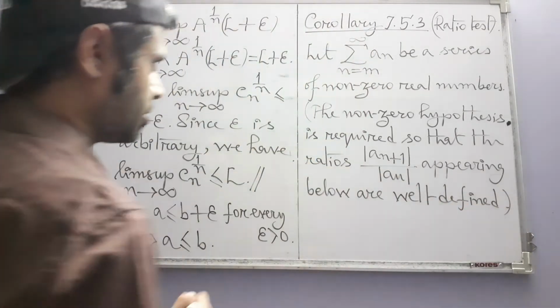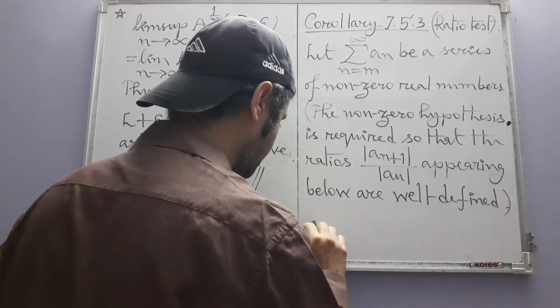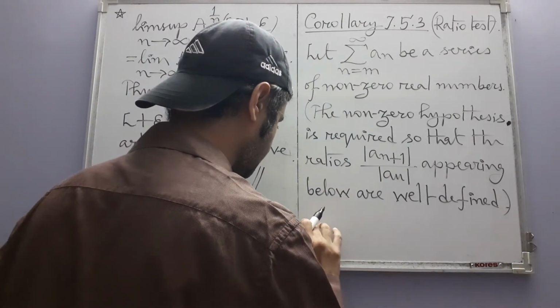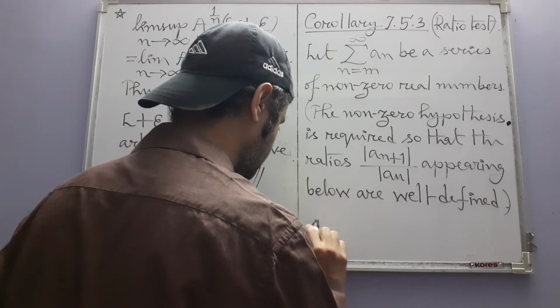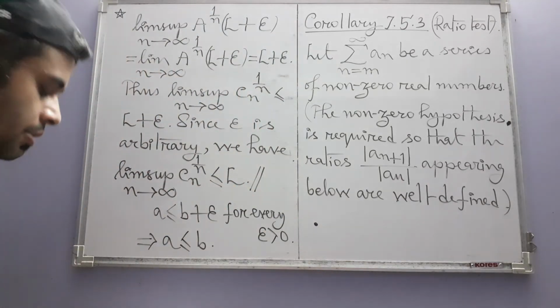Just like the root test, here also we have three parts which are given by bullets. If you want, you can write A, B, C also.